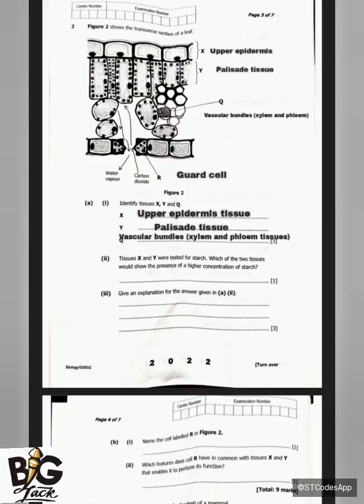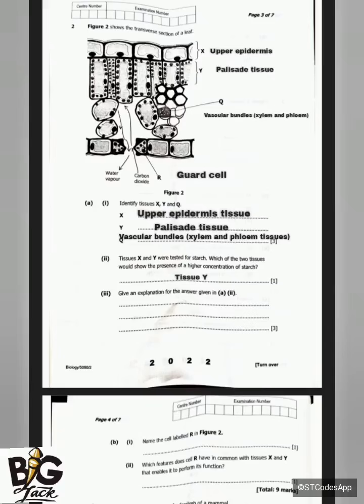So when testing for starch, tissue Y is going to show a positive result, but tissue X is going to show a negative result. So here I'm going to say tissue Y, because tissue Y contains the maximum chloroplast or chlorophyll.